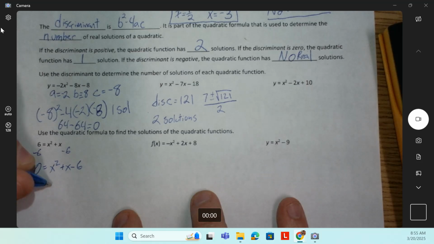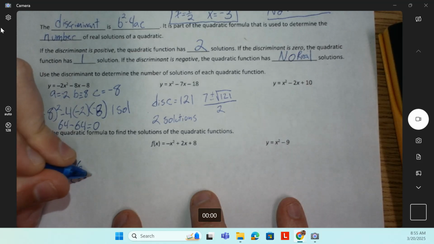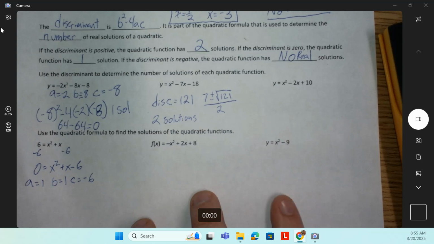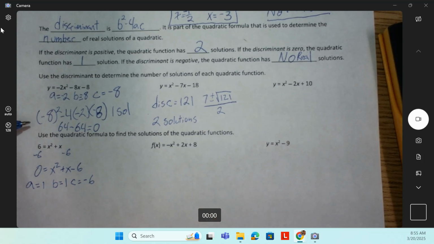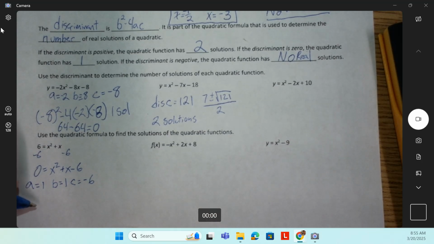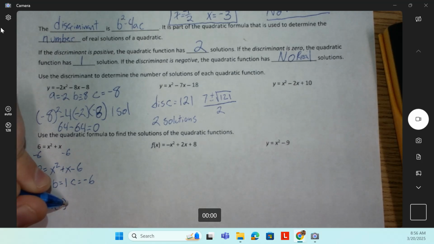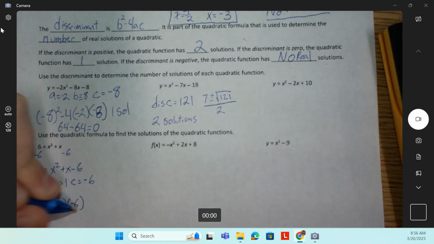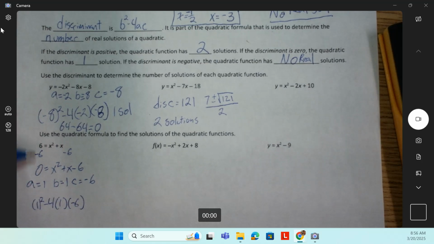So a is 1, b is 1, and c equals negative 6. So let's work out that discriminant first to make our lives a little easier. It is b squared, so 1 squared minus 4 times 1 times negative 6.